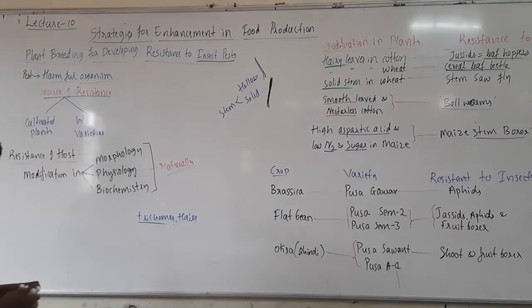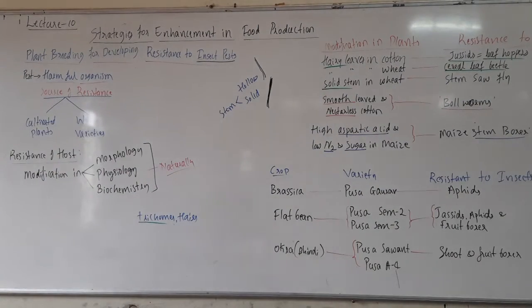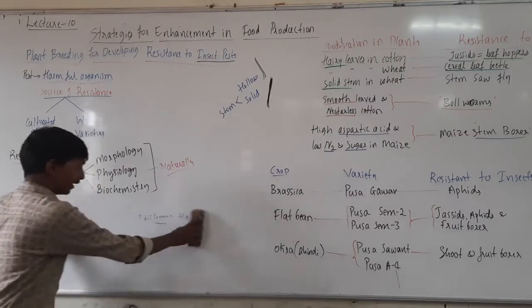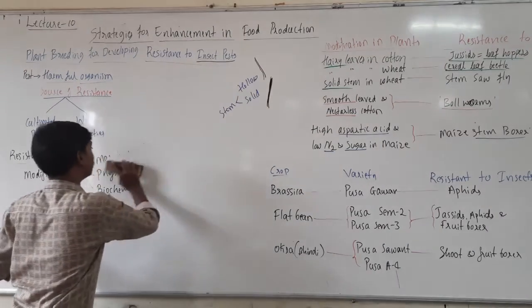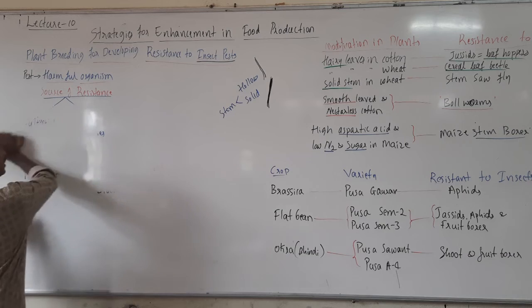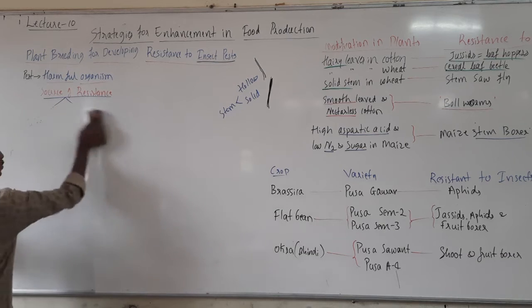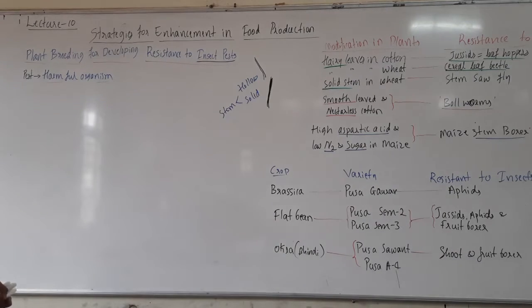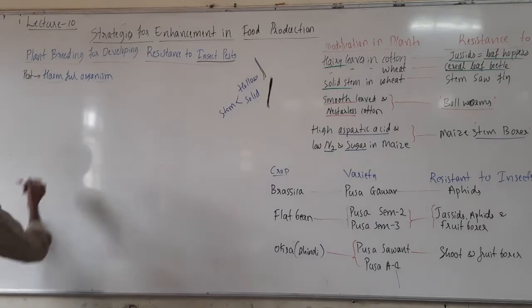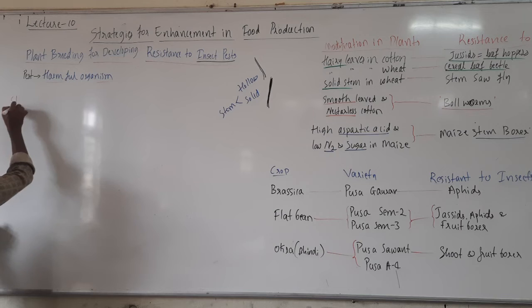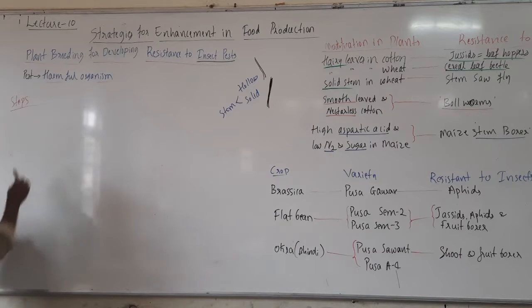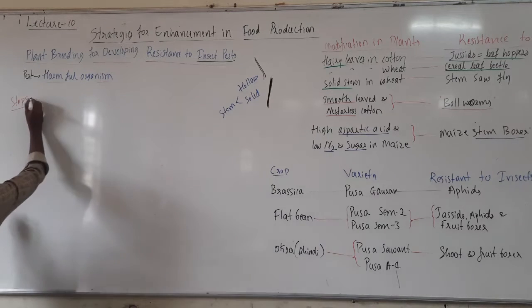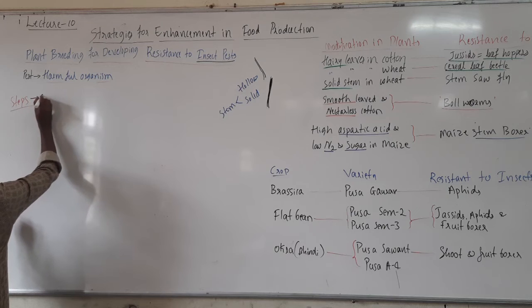Right. Now we shall see how resistance can be developed by plant breeding techniques. What are the methods used to develop resistance against many insects? So, the methods or steps. Here the resistance can be developed by the following steps.